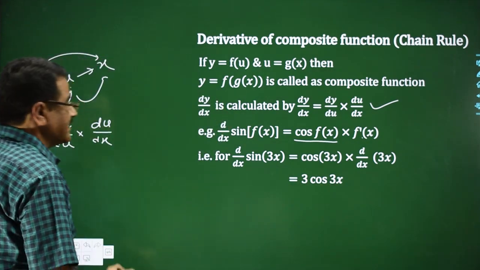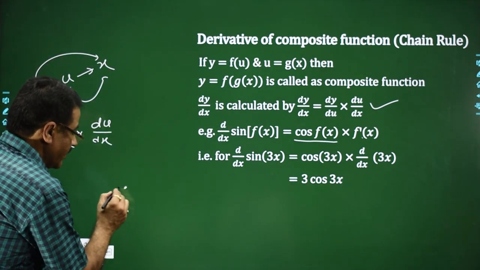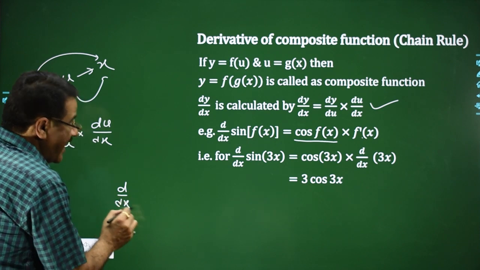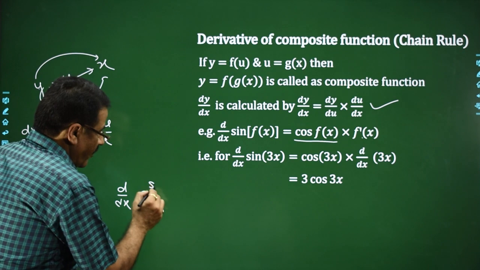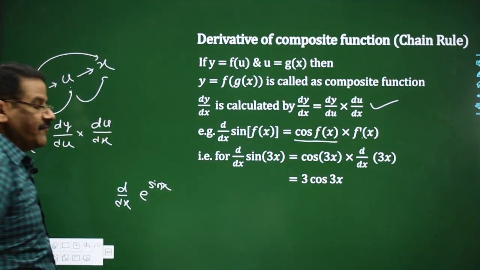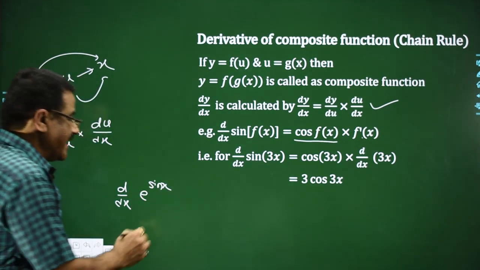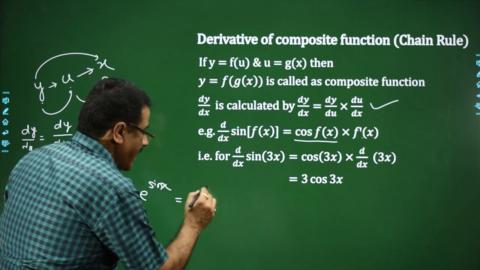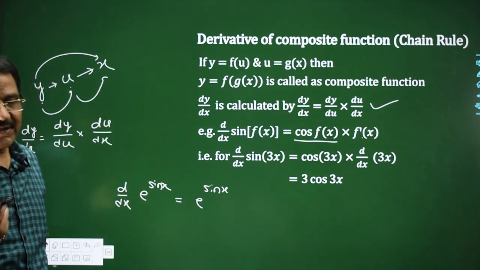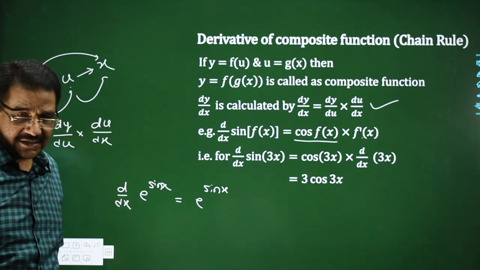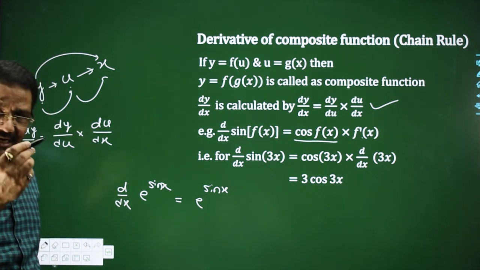Let us take one more example of this chain rule, for example, d by dx of e raised to sin x. If you want to take the derivative of e raised to sin x, first of all, we take the derivative of e raised to. We know that the derivative of an exponential term is as it is; the derivative of e raised to x is e raised to x.